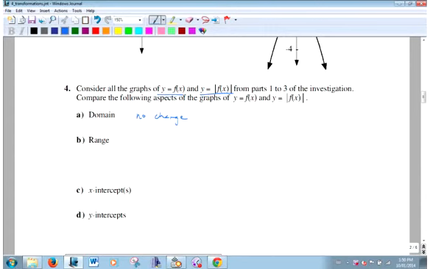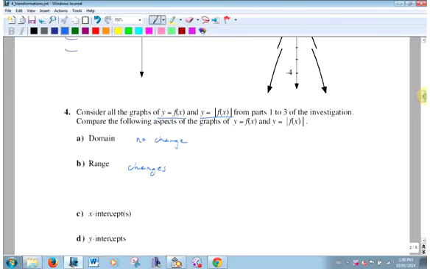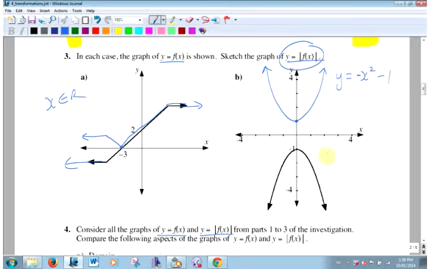The range, however, does change. All we need to do is look at this example right here. The range of this function was all the y values from here down. So before it was everything less than or equal to that point.